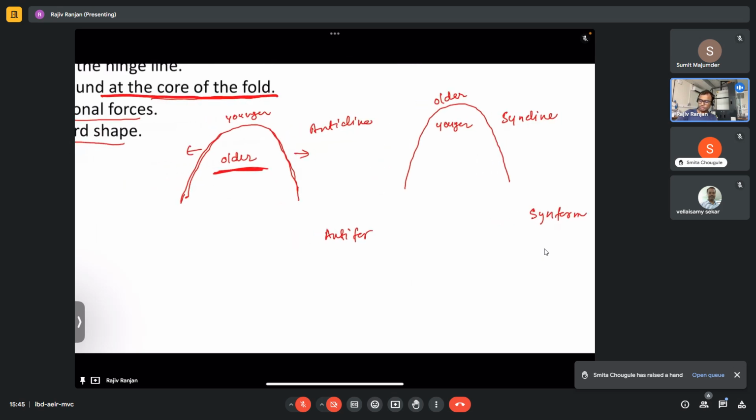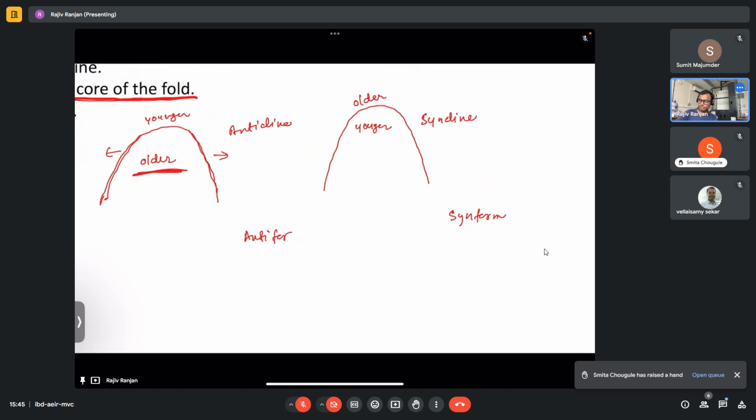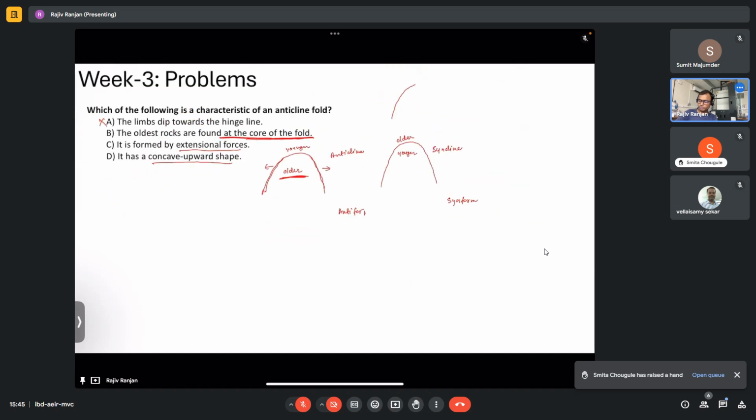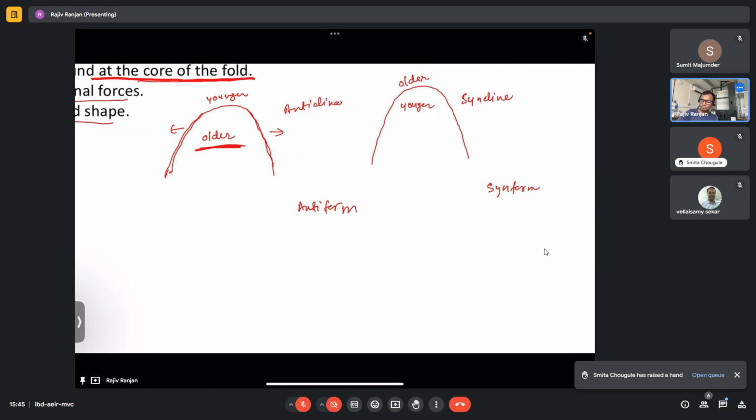So this is what the closure is. This dipping is away, right? So this is an antiform. This is also dipping away. So this is also an antiform. Antiform syncline and antiform anticline.